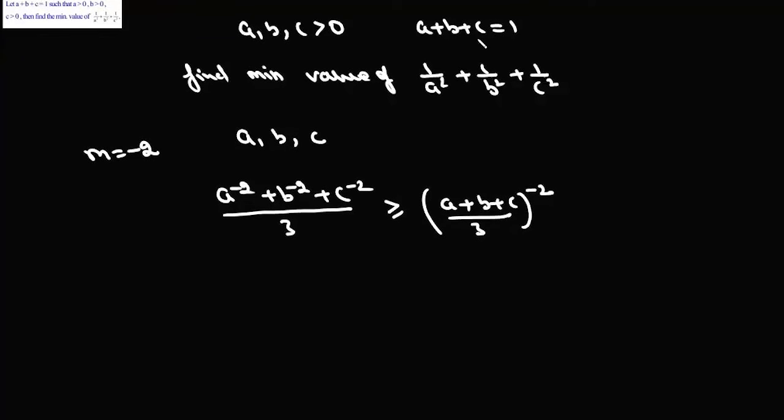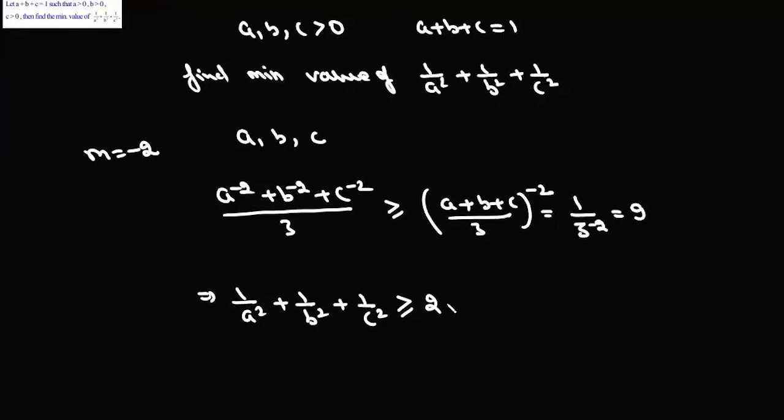Now it is given that a + b + c is 1, so it will be (1/3) to the power minus 2, which is 9. So from here we can write 1/a² + 1/b² + 1/c² will be greater than or equal to 27. So the minimum value of this expression is 27, and that is the answer to this question.